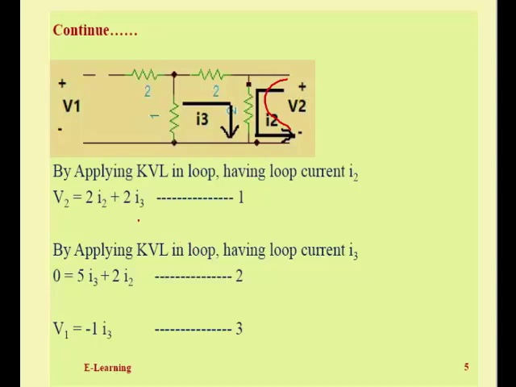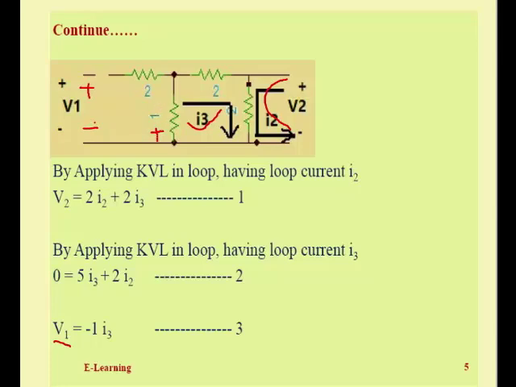By applying KVL in this loop, as voltage is not applied here, the overall voltage is 0, so 5I3 plus 2I2 equals 0. And most importantly, V1 is equal to minus I3, because the notation of V1 has plus and minus signs, while the sign of this current is plus minus, the opposite sign.